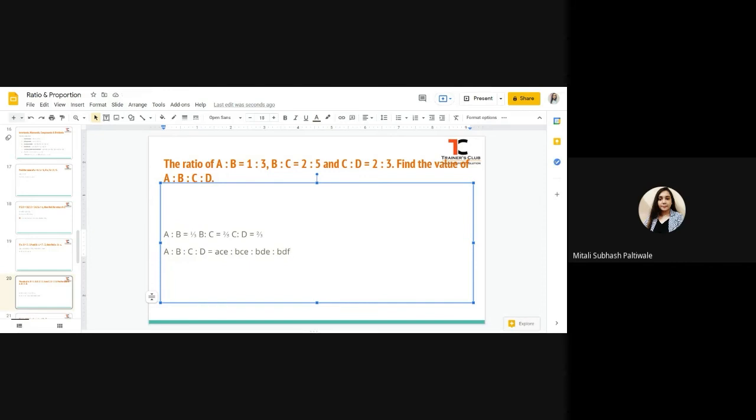These are A is to B, these are C and D, and these are nothing but E is to F. That's it.